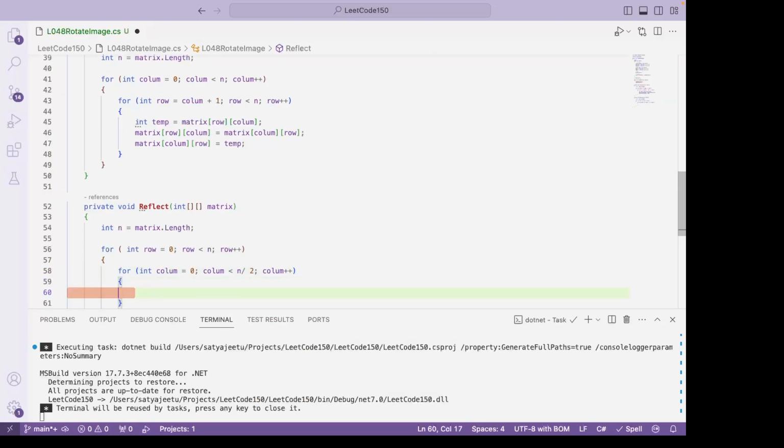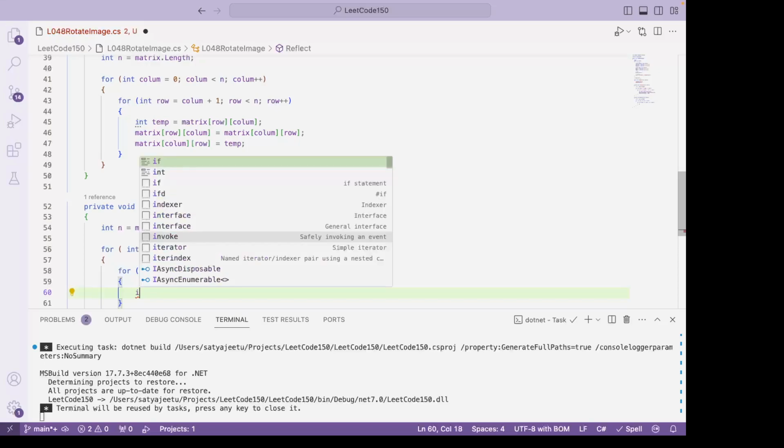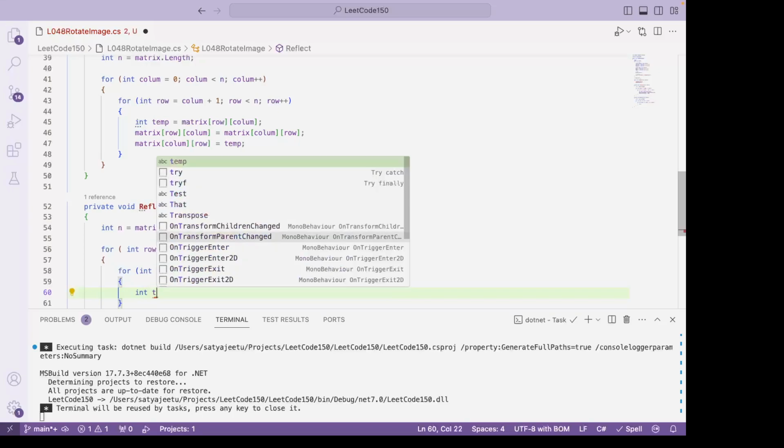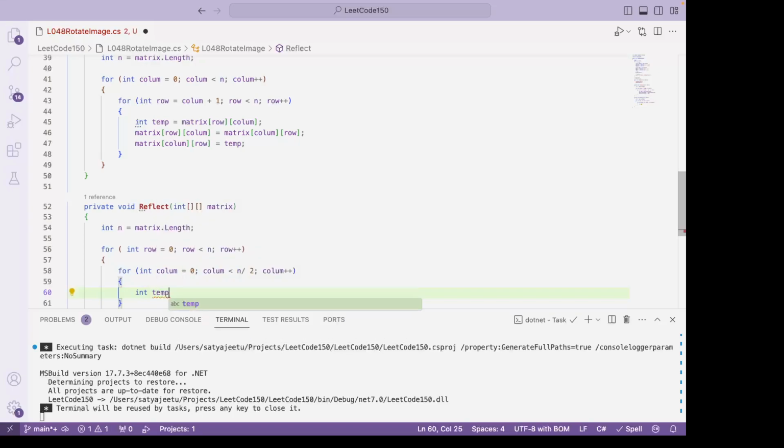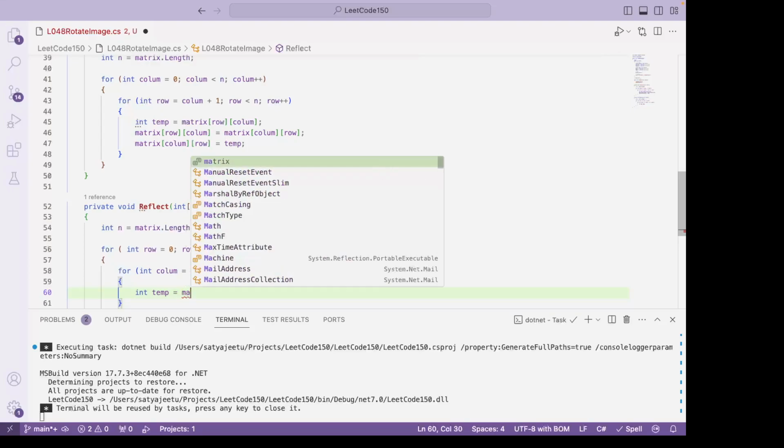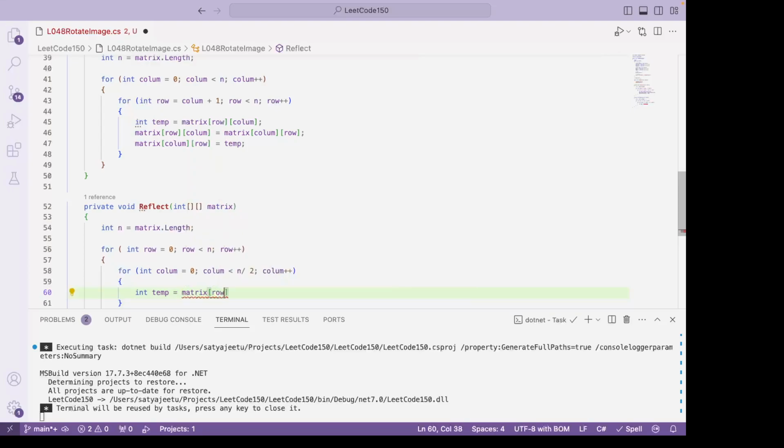So we are taking this. Now, how do we swap it? Let's first store it: int temp is equal to matrix[row][column].